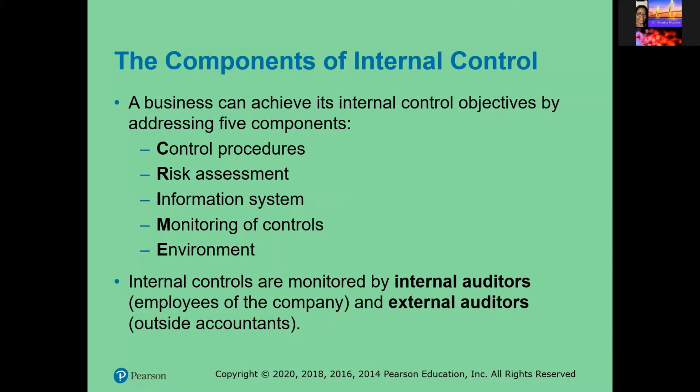An internal auditor is an employee of the business who ensures that the company's employees are following company policies and that the company meets all legal requirements and that the operations are running efficiently. An external auditor is an outside accountant, completely independent of the business, who evaluates the controls to ensure that the financial statements are presented fairly in accordance with GAAP.